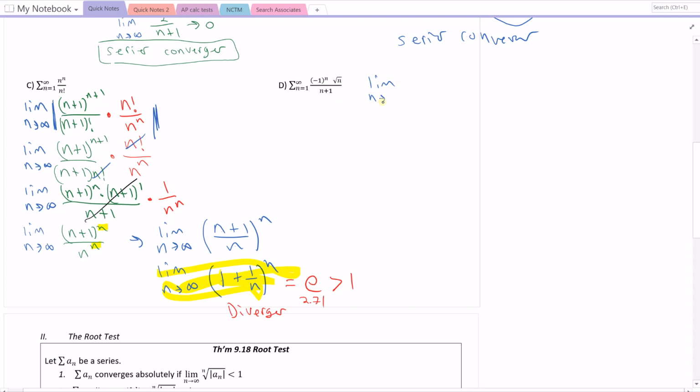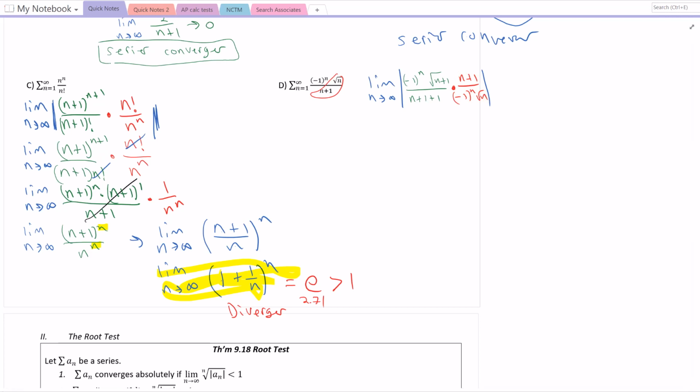Limit as n goes to infinity, absolute value of -1 to the n, square root of n plus 1 over n plus 1 plus 1, right? We're adding 1. And then we're going to divide by this whole thing, which is the same as multiplying by the reciprocal. So it's going to be n plus 1 over -1 to the n, square root of n.